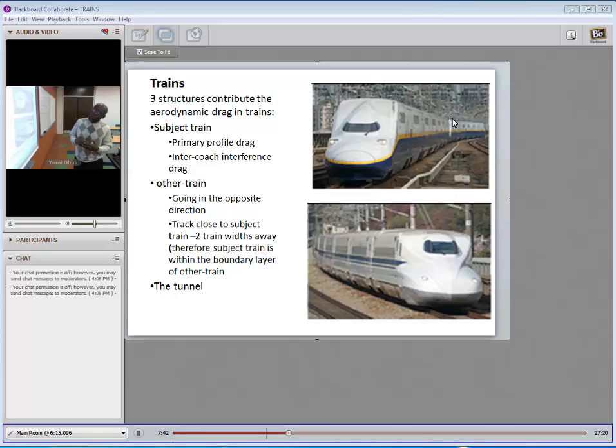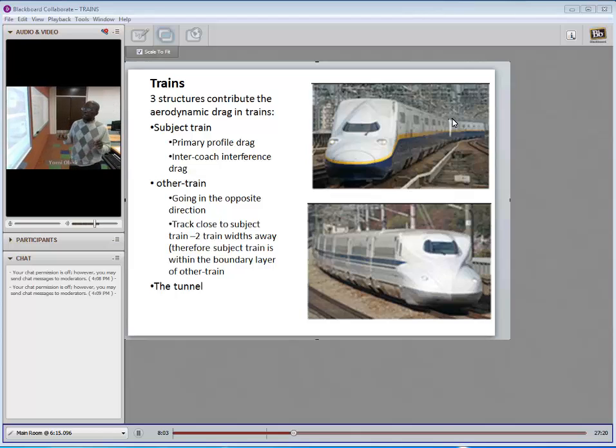When we looked at cars, we indicated that the primary structure being considered in the treatment of aerodynamic drag is the vehicle itself, whether it's a car or a truck or an SUV. In the case of trains, it's not that simple.